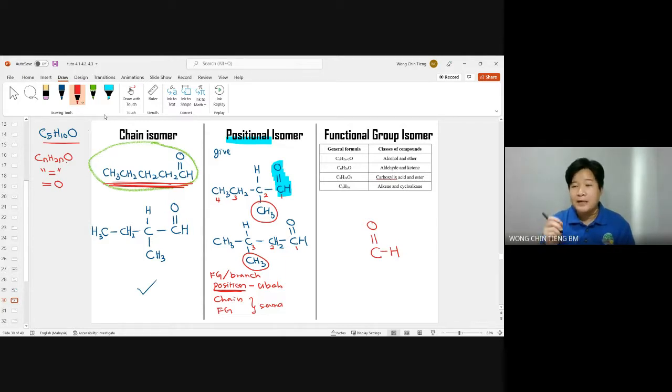Tapi what happen kalau soalan insist aldehyde? What happen soalan bagi aldehyde dan soalan minta positional? Bila soalan bagi aldehyde tapi minta positional, look for the branch. The branch is the one that moving. Is that clear? Boleh? Sebab dia kena kekal sebagai aldehyde. Boleh ya? Are we together still? Question? Alright, no? Alright. Functional group isomer senang.